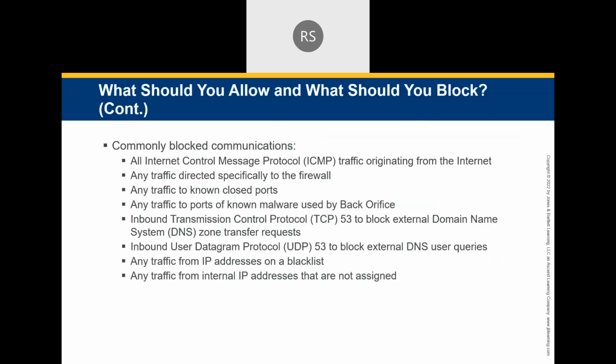Inbound User Datagram Protocol, UDP 53, to block external DNS user queries. This is just to add an extra layer of protection to that DNS infrastructure. Also, any traffic from an IP address on a blacklist. Traffic from unassigned internal IP addresses.